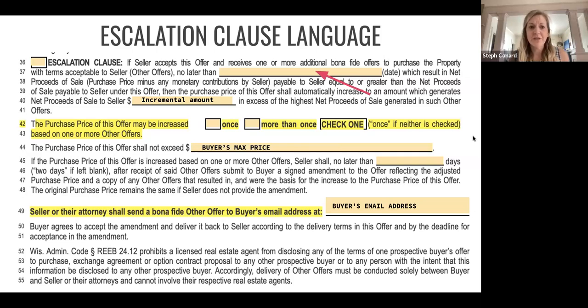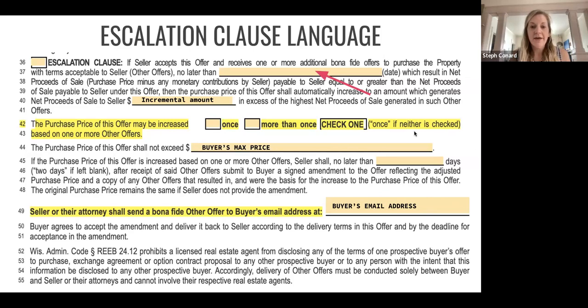That line gets really wordy to me, but just know that this is where you would put that incremental amount. Lines 42 and 43 are a key provision in this escalation clause language. The purchase price of this offer may be increased once or more than once based on one or more other offers.